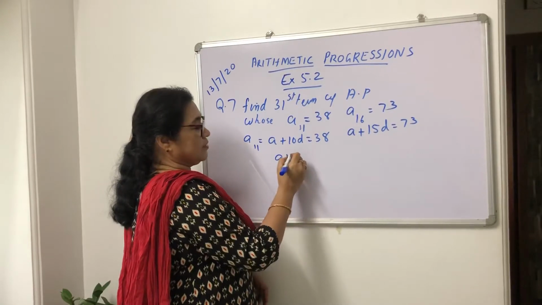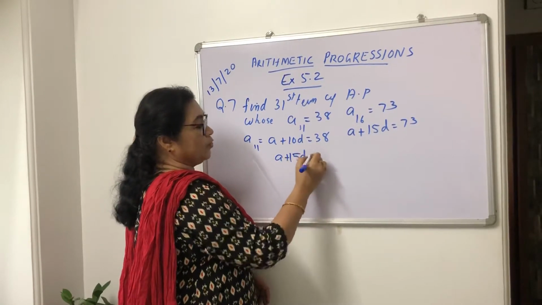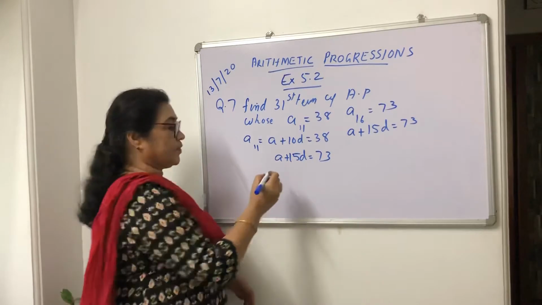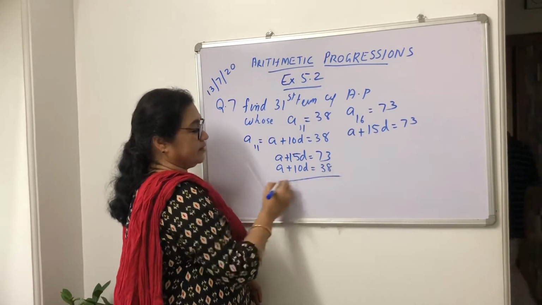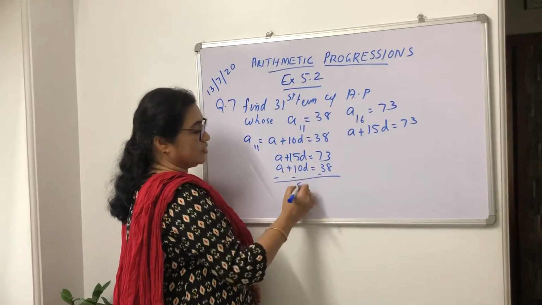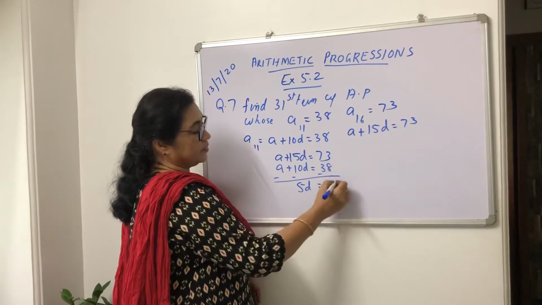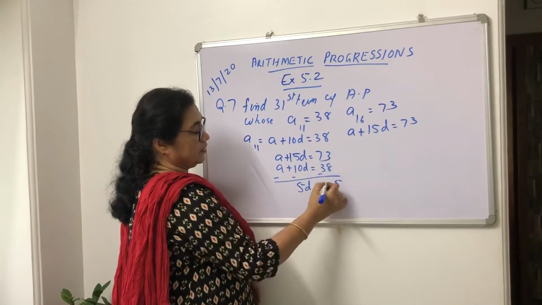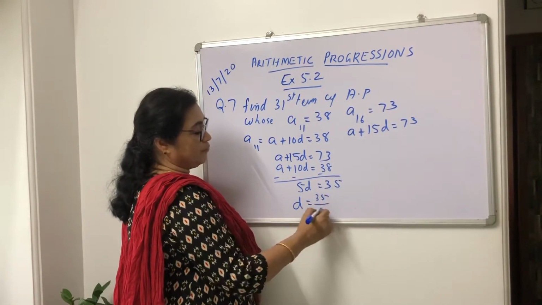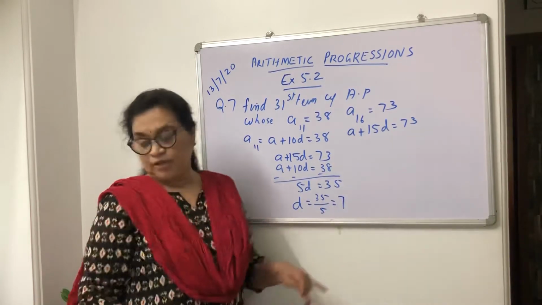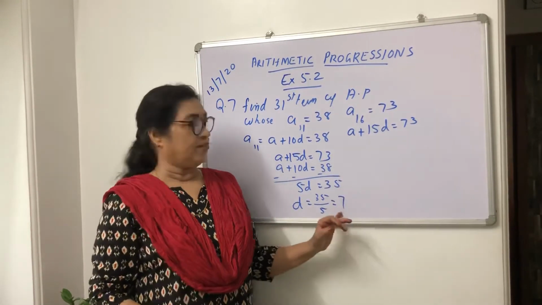A plus 15D equal to 73, A plus 10D equal to 38. Subtract: 5D equals 35. D is equal to 35 by 5, which is 7. So D is equal to 7.